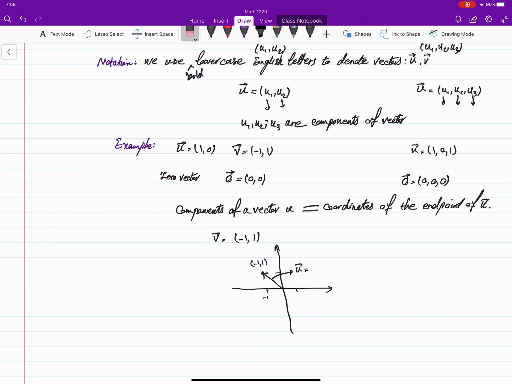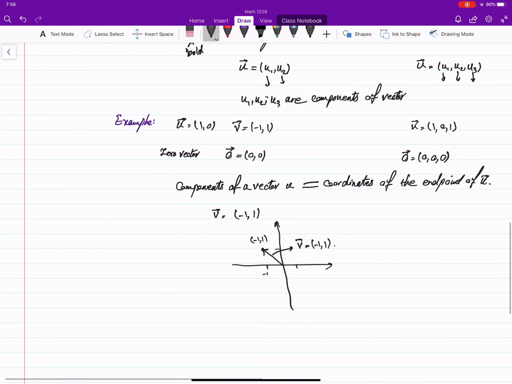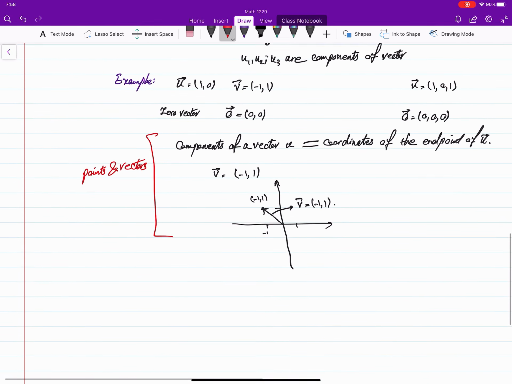So I used V for that, V negative 1 and 1. So that's basically the relation between points and vectors. How about vectors and directed line segments?